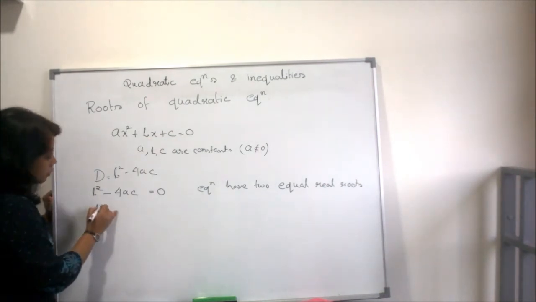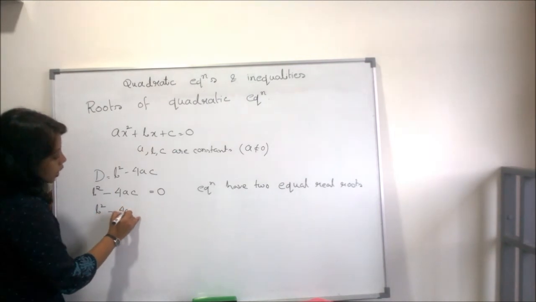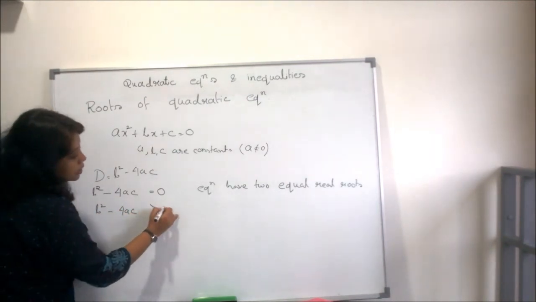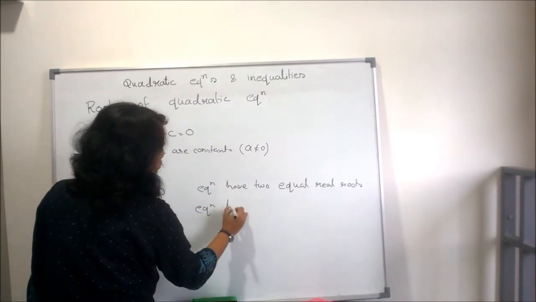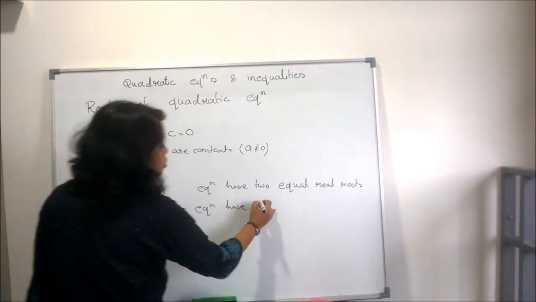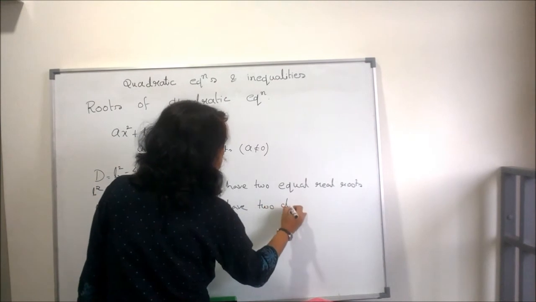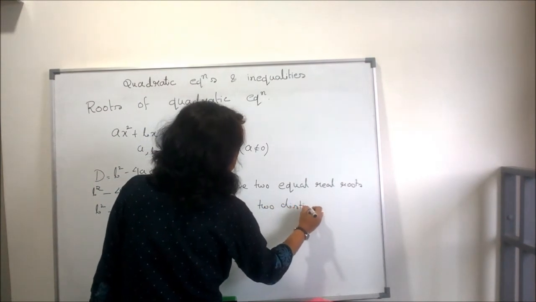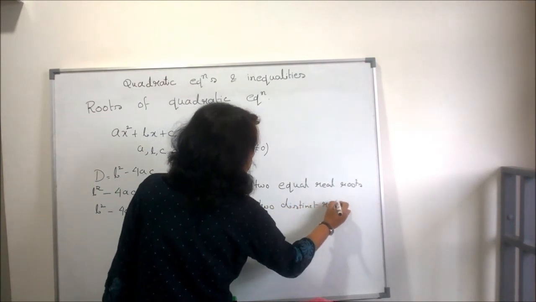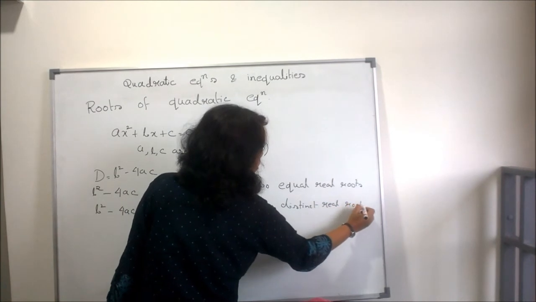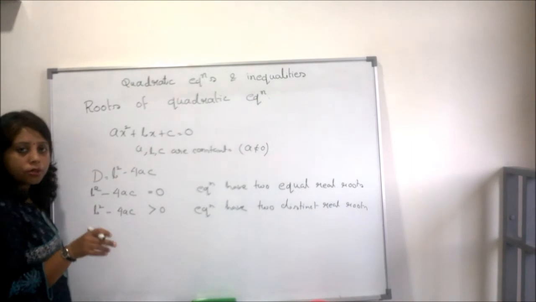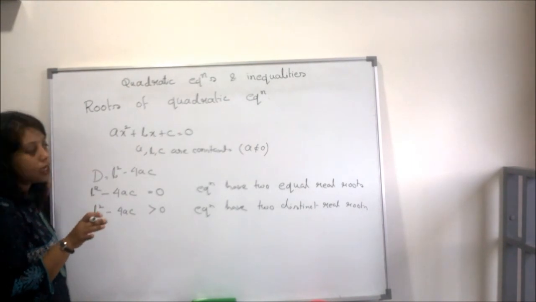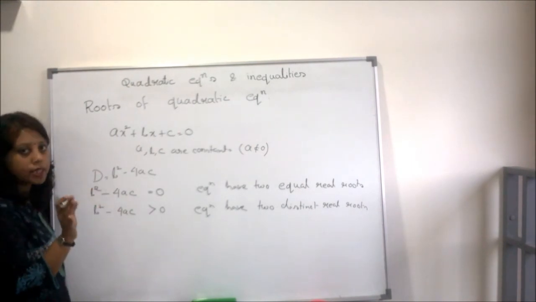And if b² − 4ac is greater than 0, then the equation has two distinct real roots. Okay, the equation has two roots, but they are not equal. They are distinct and obviously they are real.